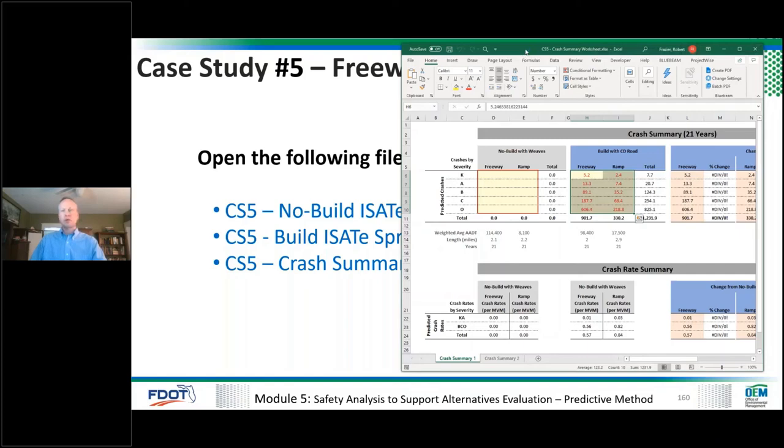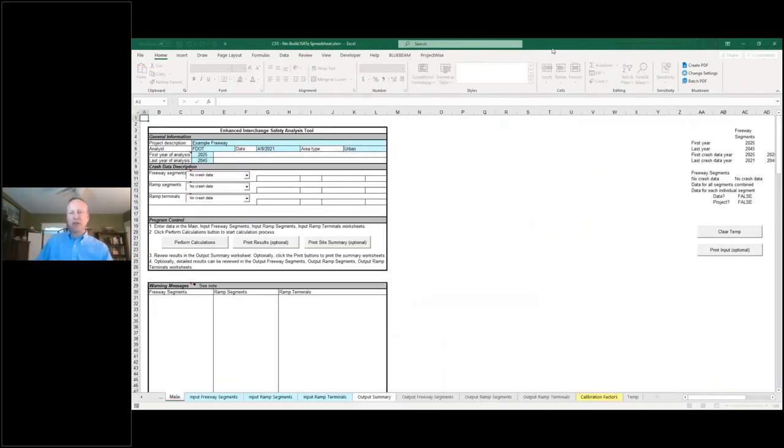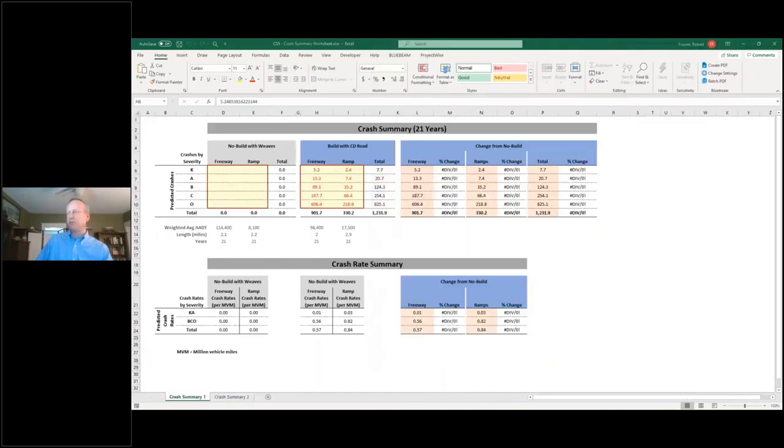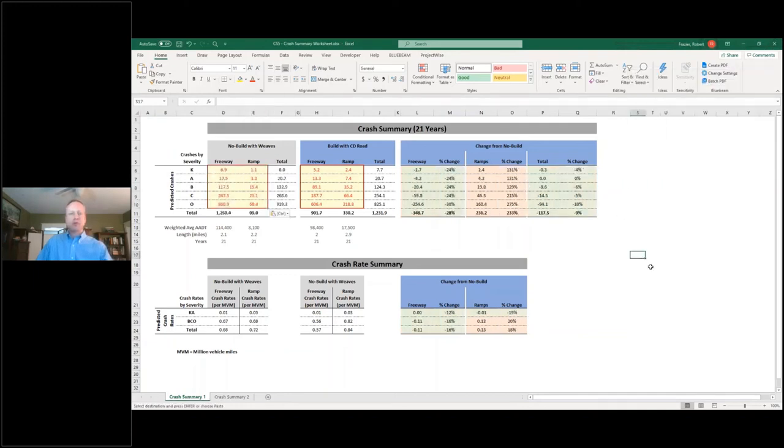All right, and so with the build in there, if you've been able to copy that in, you can see that, well, what do you see? All right, so it should look like this.